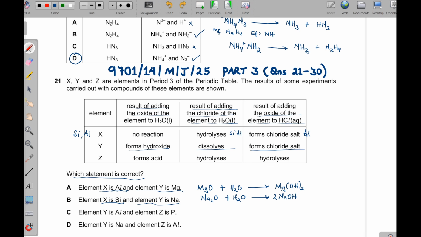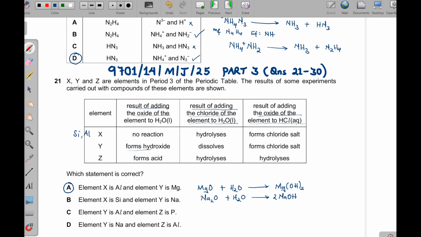So that means from the options we are going to pick A, because in A the X has to be aluminium, it satisfies all of these ones here. Here silicon fails, you see that? So I don't need to look at any other option here. Our answer has to be this A here.